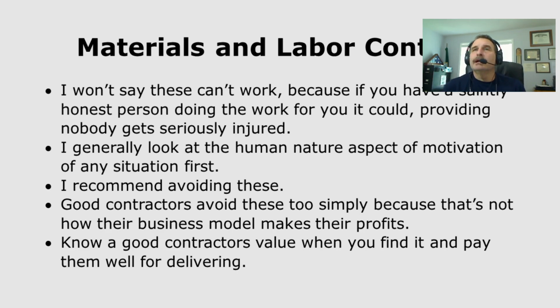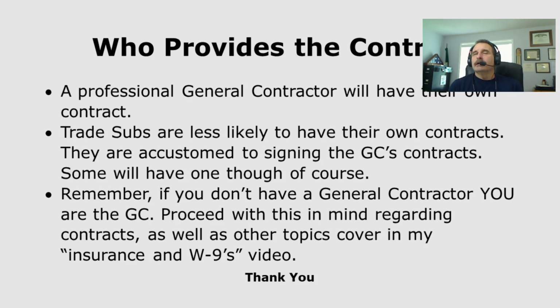Another good way to tell whether or not you're working with a professional, beyond just the type of contracts we're talking about, is who provides the contract. I can tell you, a professional general contractor is going to have their own contract. They're not going to walk into a situation where they're not in a position to outline what's going on. If you're dealing with someone who doesn't have a written contract or can't provide you a written contract, steer clear.